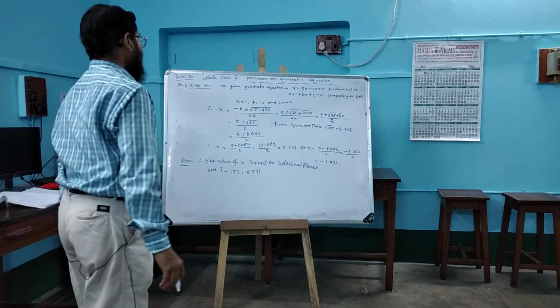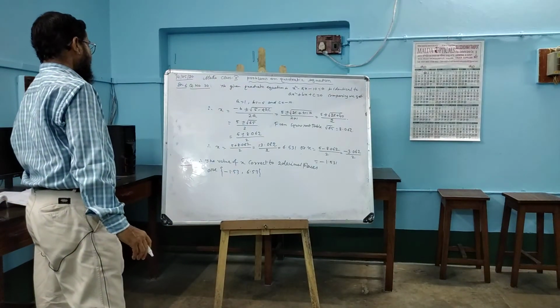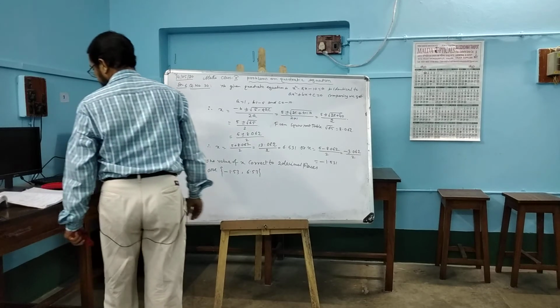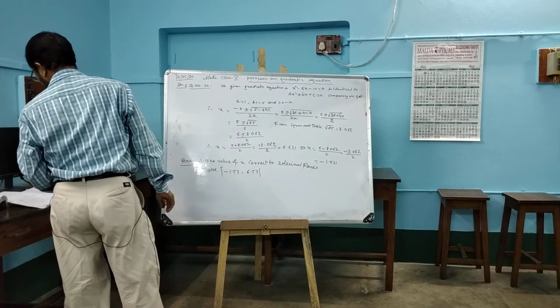The values of x correct to 2 decimal places are this. This is the answer for the question.